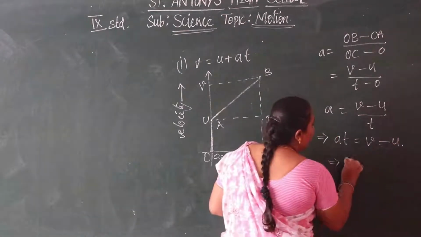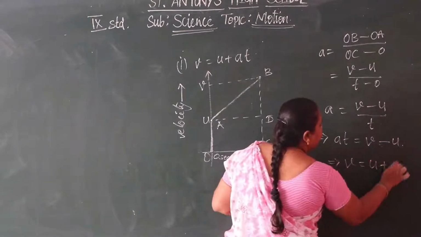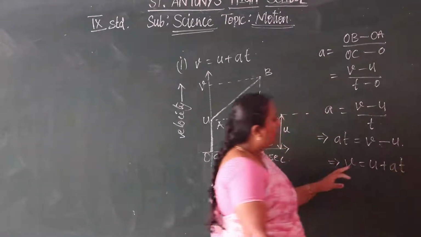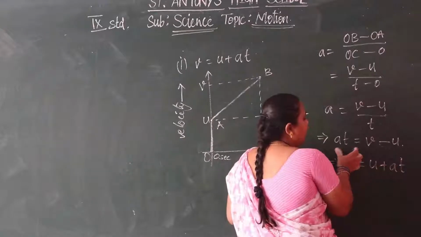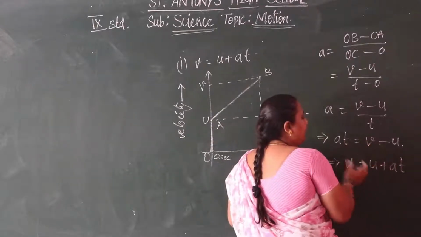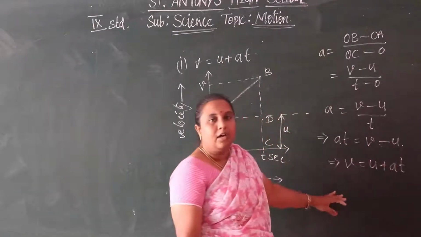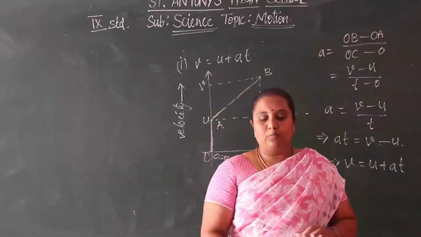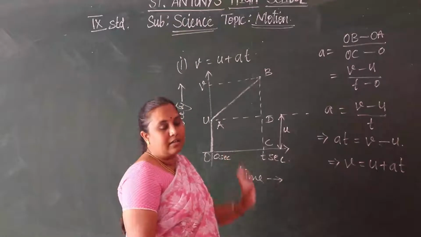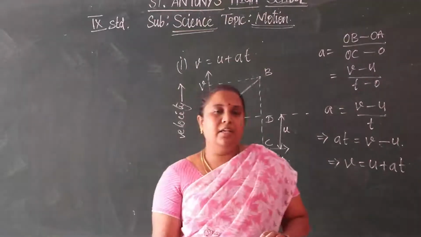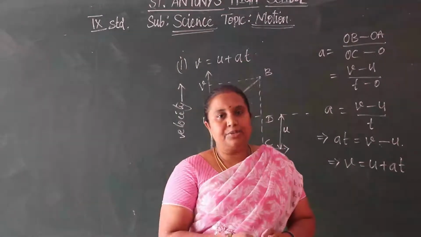So V equals U plus AT. So this is the first formula derived by the graphical representation: V equals U plus AT.